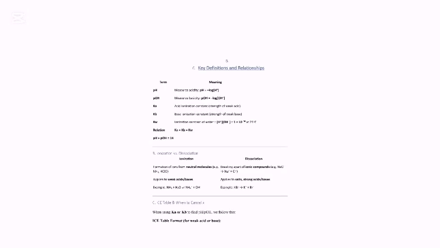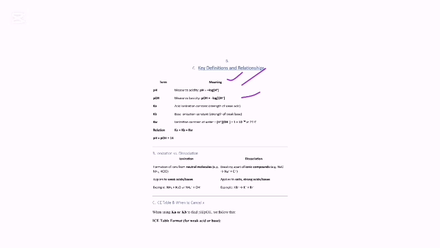Let's proceed. You need to know what pH is. pH is a measure of acidity, and pOH measures basicity, or how alkaline the substance is.